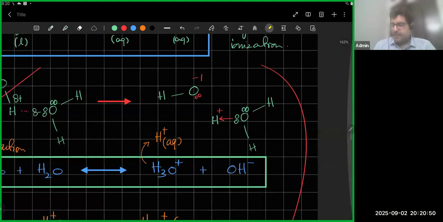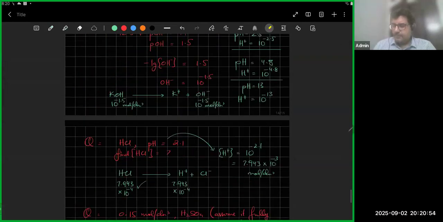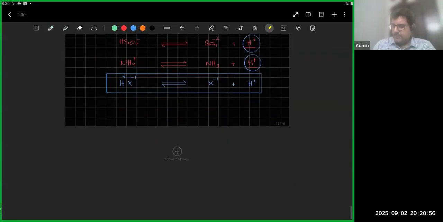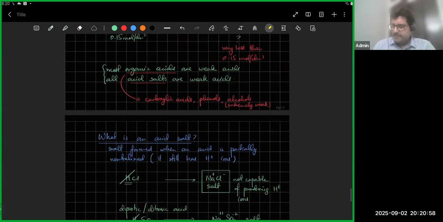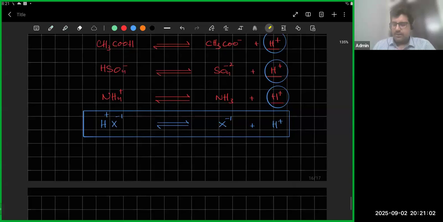ठीक है, ये बहुत पहले start में I told you this thing. So I'm going to go back, and what I'm going to do is write the more detailed equation. But most of the time, this equation is the one that works. Okay, so they would be using both equations, but I'm going to write the detailed equation. So what happens is that this HX is going to release an H+, and the water is the one that's going to accept that H+.